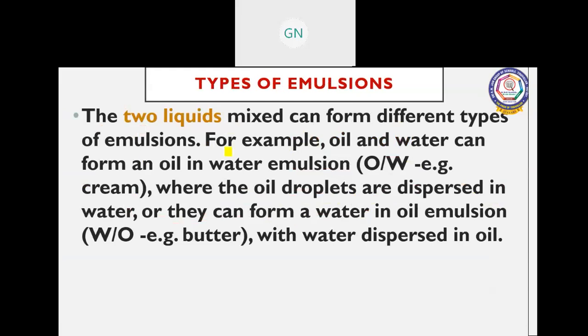Let us see some examples. For example, oil and water can form an oil in water emulsion, where oil droplets are dispersed in the water, or they can form a water in oil emulsion, with water dispersed in oil. Let us see a diagram.